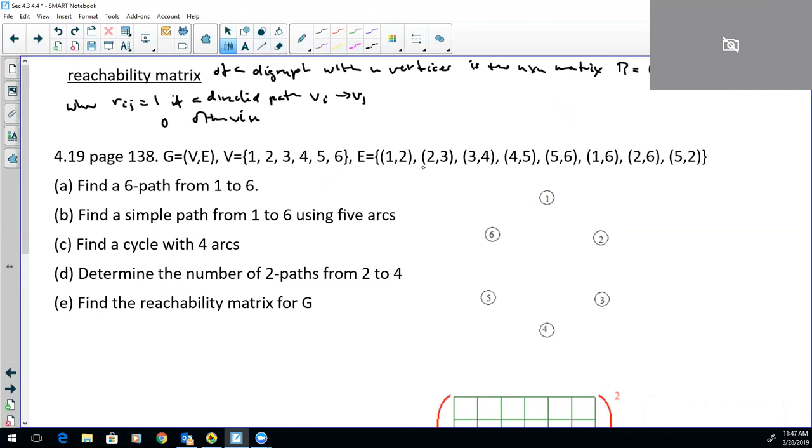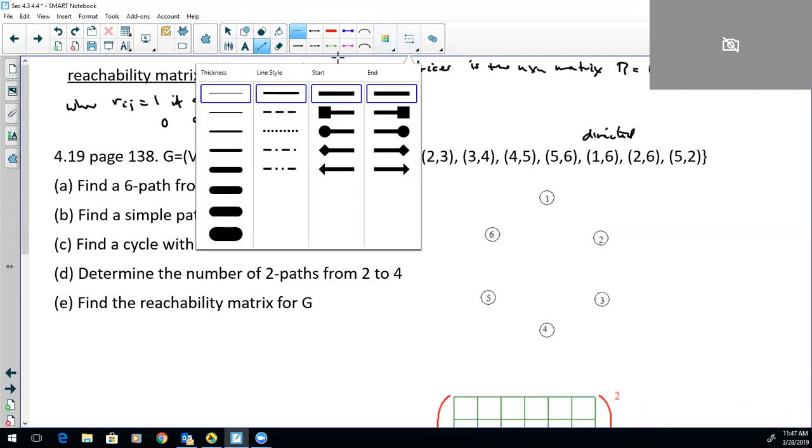This is a directed graph. Because these are ordered pairs. If there was just a set with 1 and 2, then it would be how we write down an ordinary graph, an undirected graph. Okay, so we're looking at ordered pairs here.